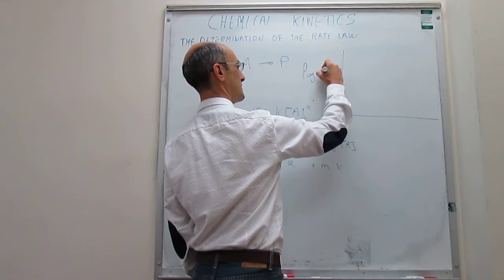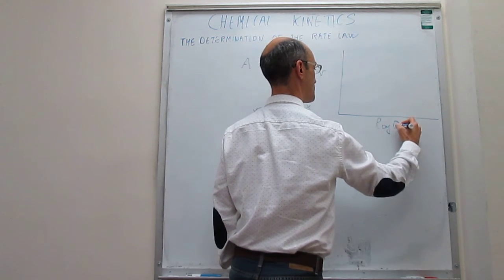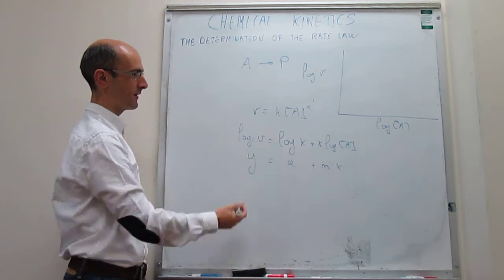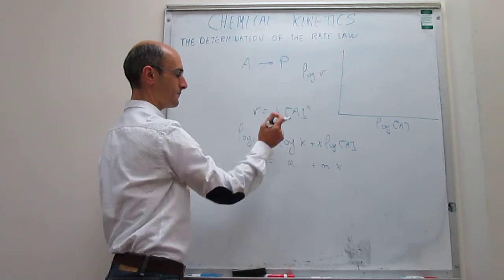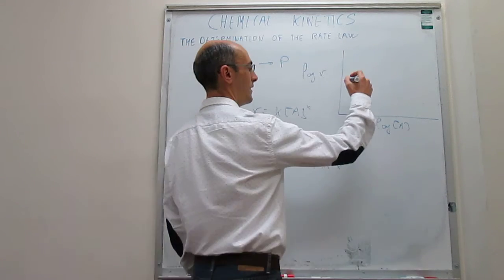So again, what you would plot here is the base 10 logarithm of the rate versus the base 10 logarithm of the concentration of A. And again, notice that according to this derivation that we just have carried out, this should be the equation of a straight line.